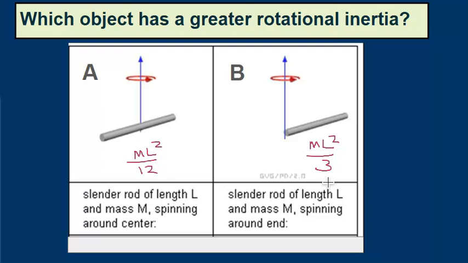And it should make sense that B is going to be more because you're literally taking that mass. You can think of this mass as being the same as that mass. And you've taken this side of the meter stick and you've put it over here, which is farther away from the axis. So B is clearly greater than A. A third is bigger than a 12th.